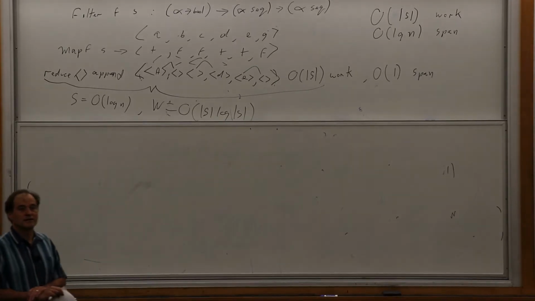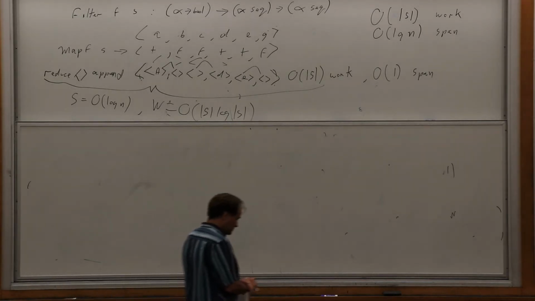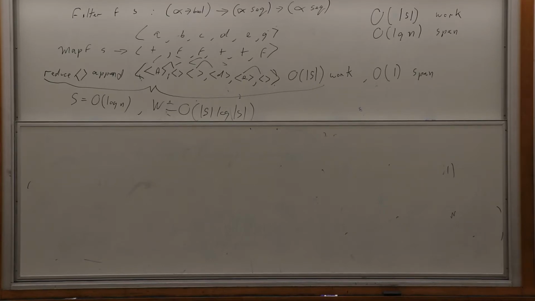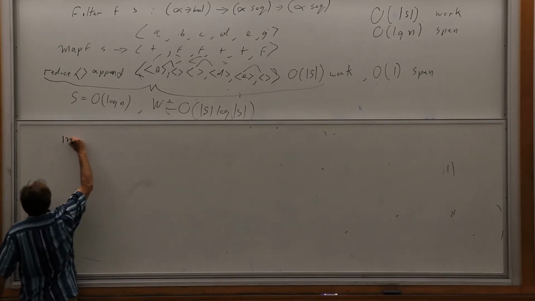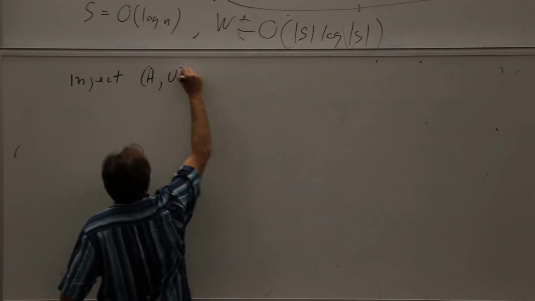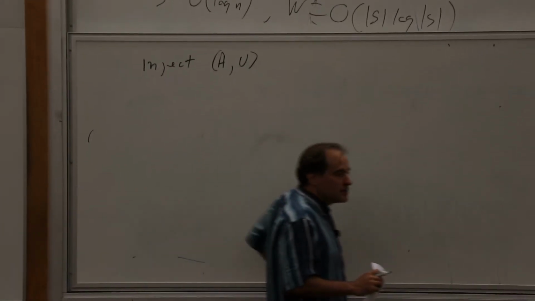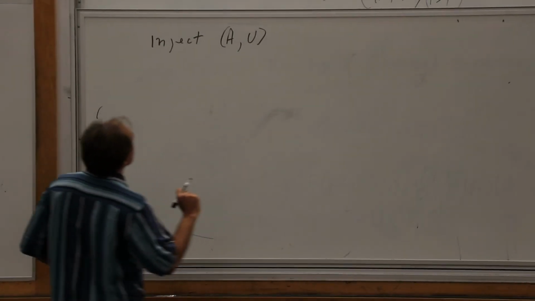If we map true to 1 and false to 0, and then do a prefix sum, then all the indices and values can be passed into the inject. Yeah, I told you to remember it and you forgot it, but perfect. That's exactly right. Inject takes an array and a sequence of updates.